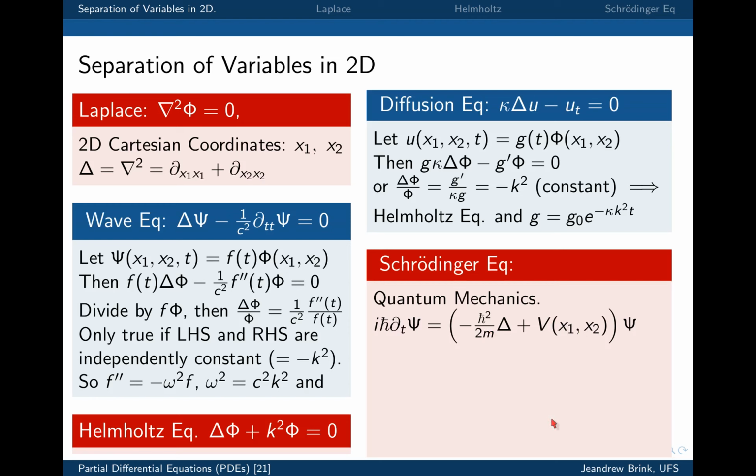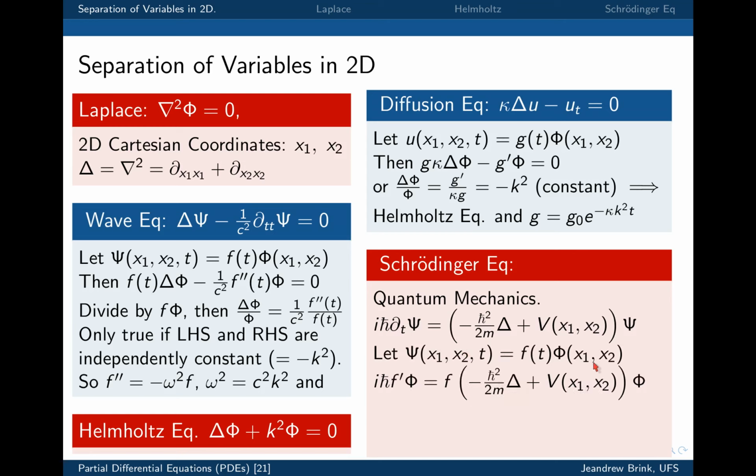Once again, you can make an ansatz that says let psi be the product of these two factors. If you put that in, you have the time derivative only operating on f times phi equals f times the spatial operator applied to phi. You divide by f phi, and you add the separation constant, and you have that f prime over f equals some constant.